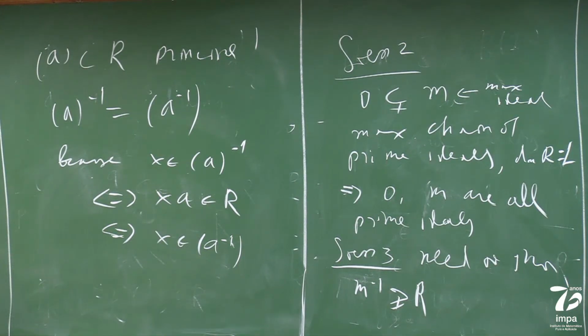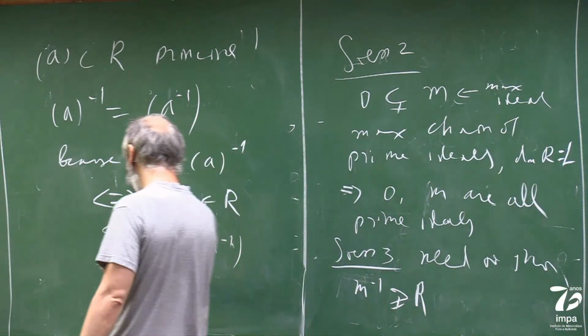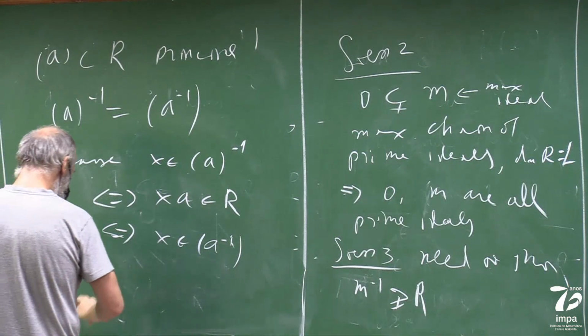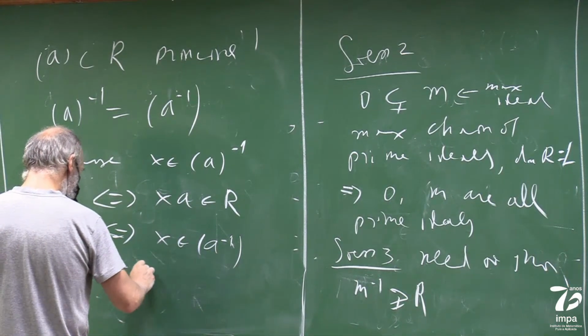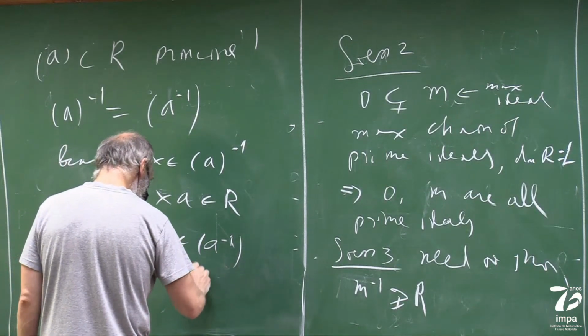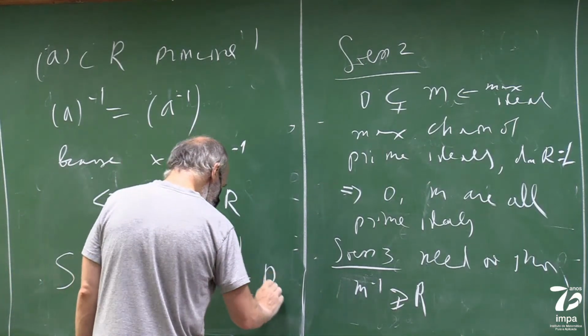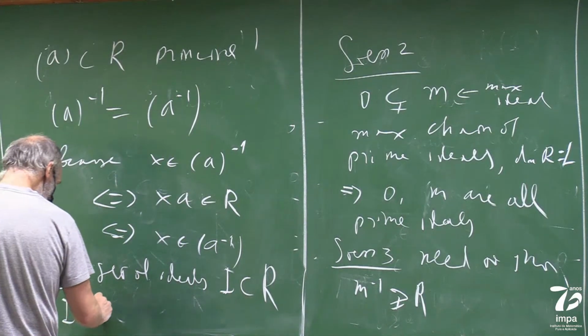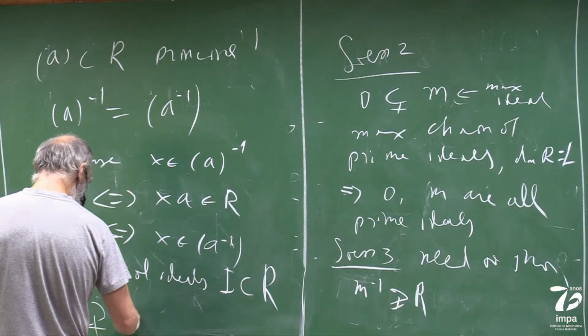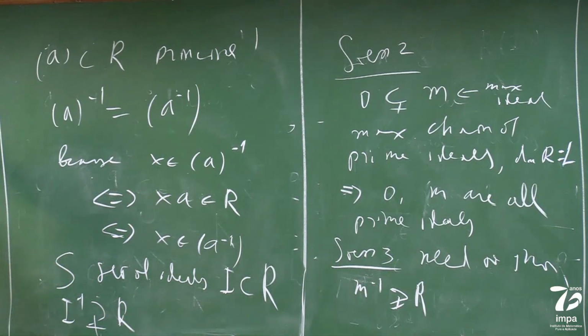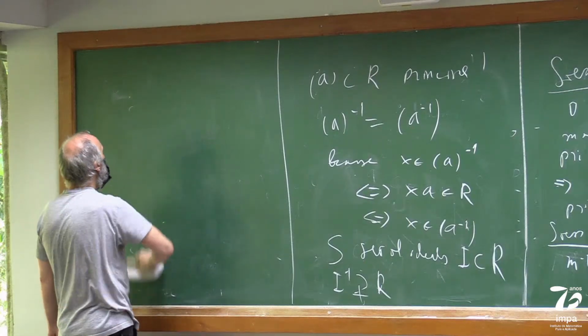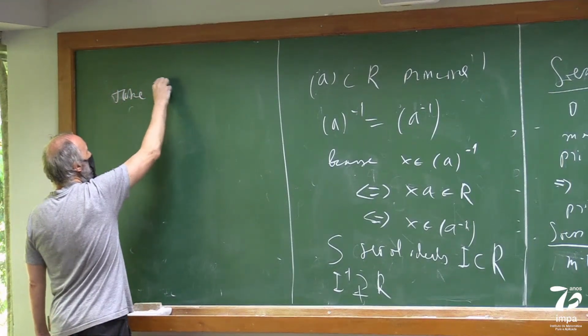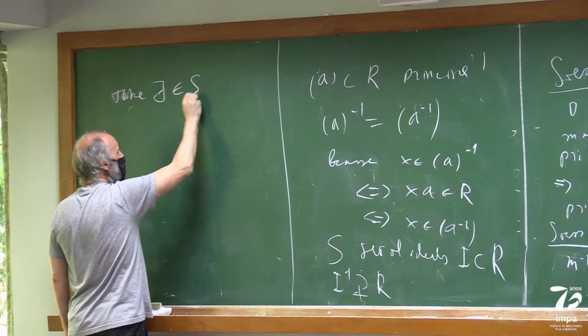Okay, so we define a set S of ideals I in R such that I inverse strictly contains R, it's not equal to R. And I have a partial order on this S by inclusion. So take J inside S maximal.